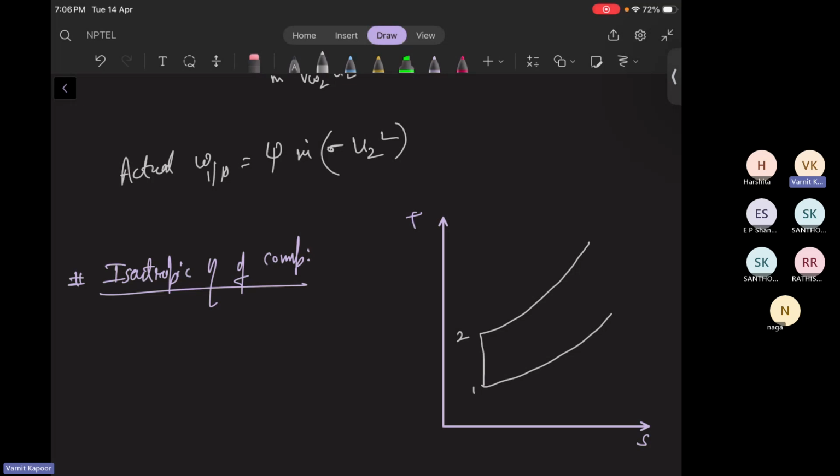But in actual scenarios, there is the presence of friction, so the entropy is going to increase, not from 1 to 2, but from 1 to 2 dash.